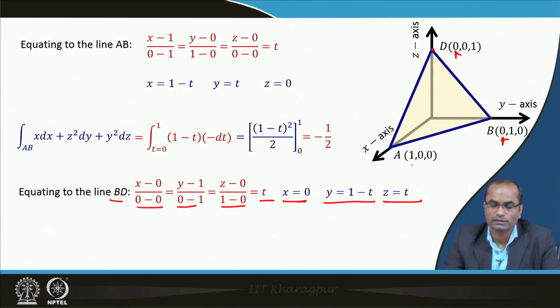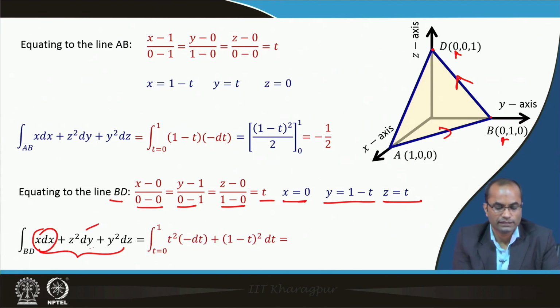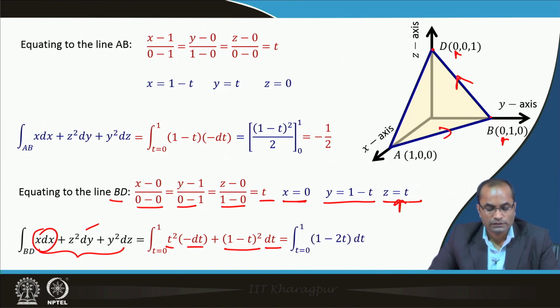Again t varies from 0 to 1, moving anti-clockwise. Writing the integral, since x is 0, the first term will not contribute, but the other two will because y and z are changing. Here z is t, so we have t square times minus dt, plus y square, that is 1 minus t whole square, times dt for dz.